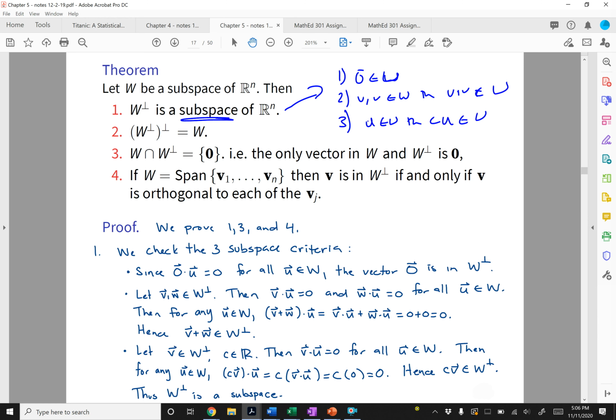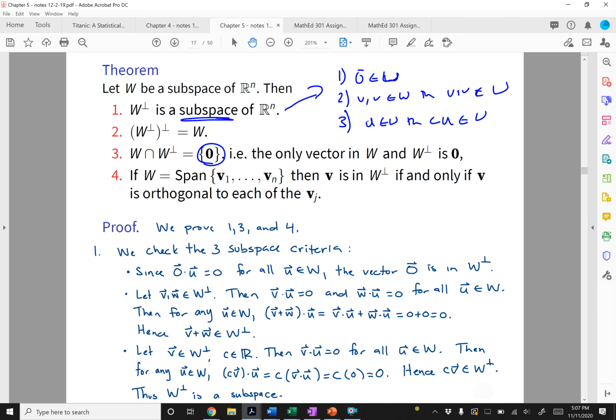The orthogonal complement of the orthogonal complement is the subspace. So if you look at all things that are perpendicular to W, and then you look at all things that are perpendicular to the things that are perpendicular to W, you just get back to W. The only thing that W and W complement share is the 0 vector.